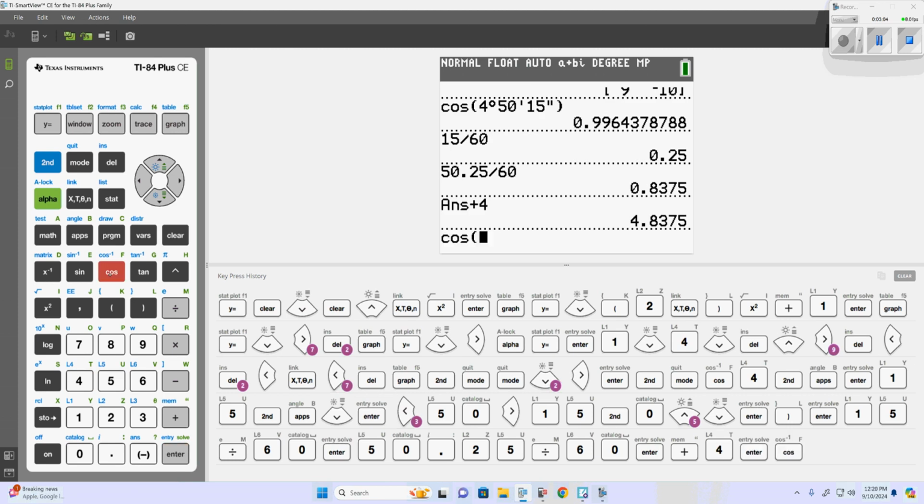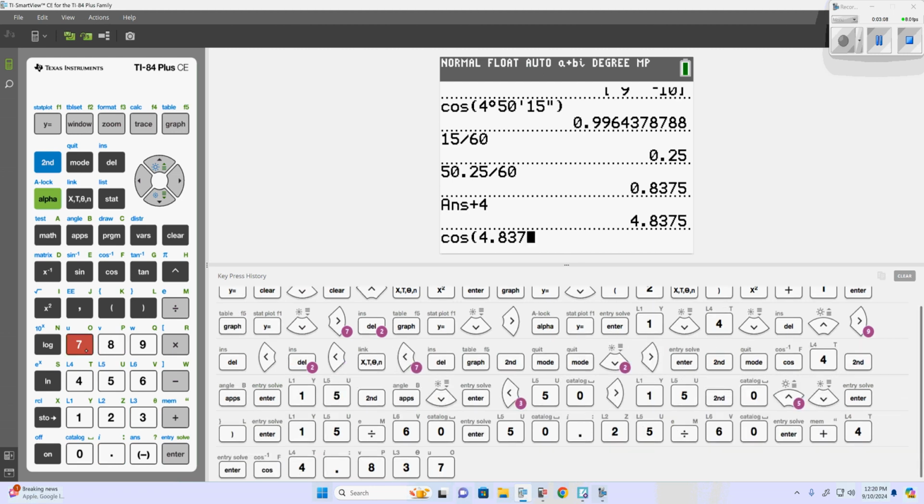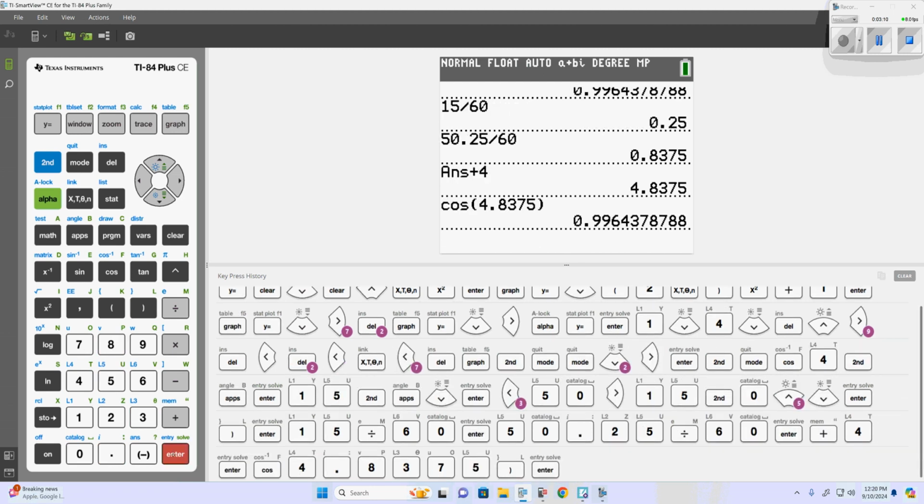Cosine of 4.8375 is 0.9964. So we get the same value. It's just which way do you want to do it? Does that make sense? So you can either convert it from degrees, minutes, seconds to just degrees, or plug it in as degrees, minutes, seconds.